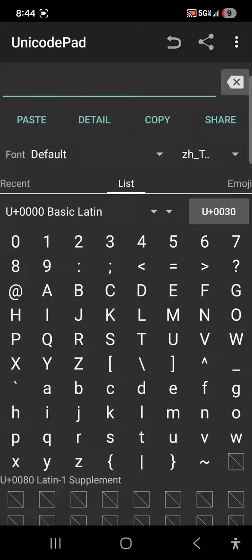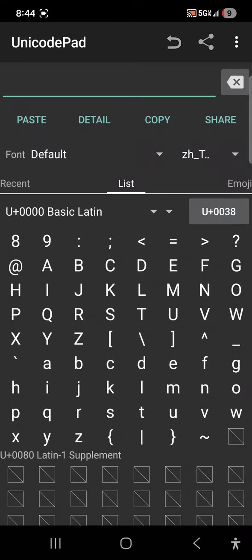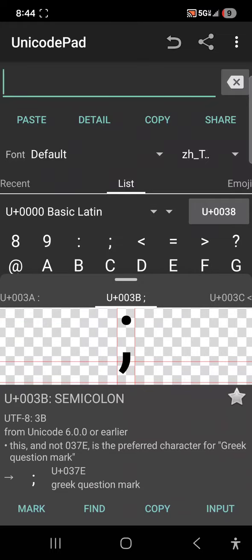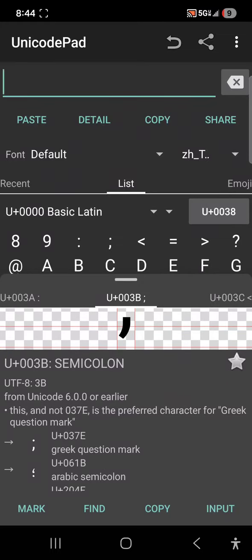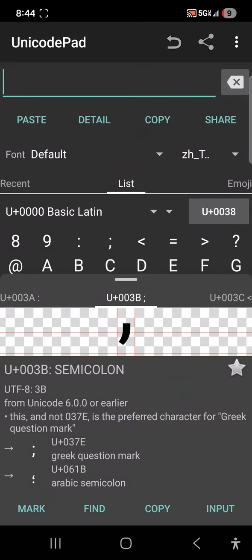It's still a subcolon. That one is a Greek question mark and not a semicolon.